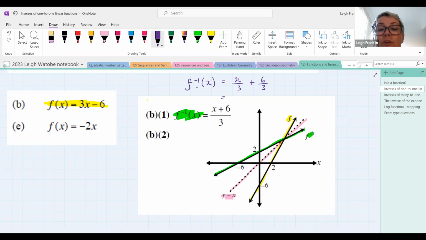Okay, so that would give you x over 3 or 1 over 3x. It's the same thing. 6 divided by 3, that would be 2. Okay, and then you can see here that 2 over there is this 2 over here, on your inverse. Thank you, ma'am. All right, no problem.